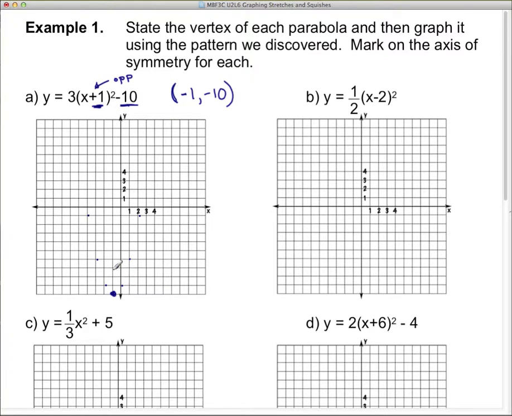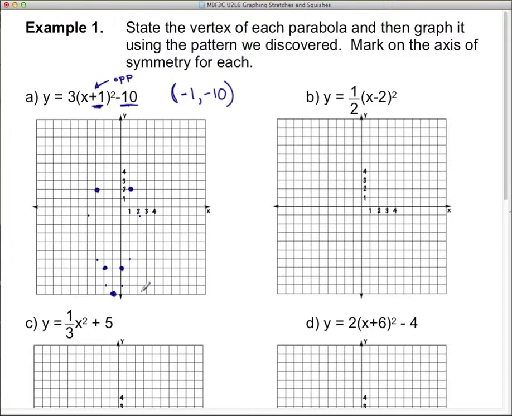Notice I made really teeny tiny dots. That's because those aren't the dots I want. I have to go up 3 times what I used to do. So instead of going up 1, I'm going to go up 1 times 3. So it gets here, and on the other side here. And instead of going up 4, I'm going to go up 4 times 3, which is 12 spaces, which would take us here, and then 2 more here, and over the other side here.